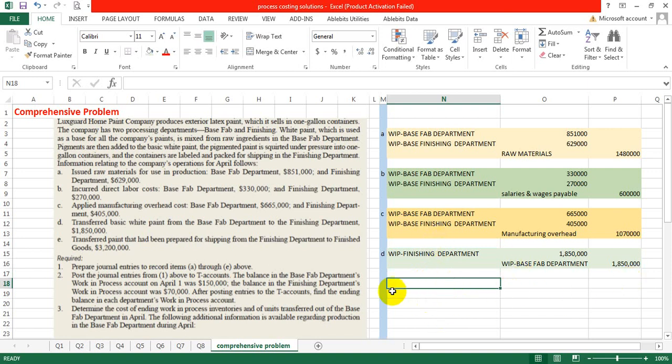Okay, now next one is E, entry number, transfer paint that had been prepared for shipping from the finishing department to finished goods.